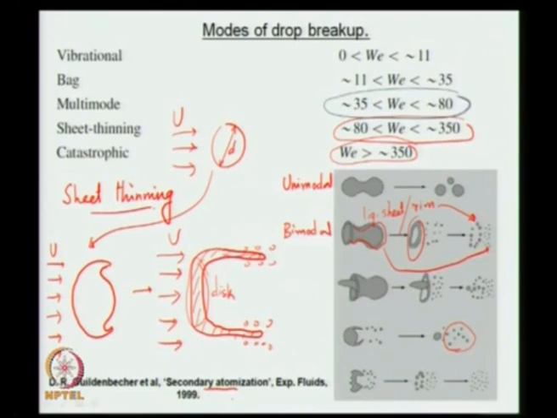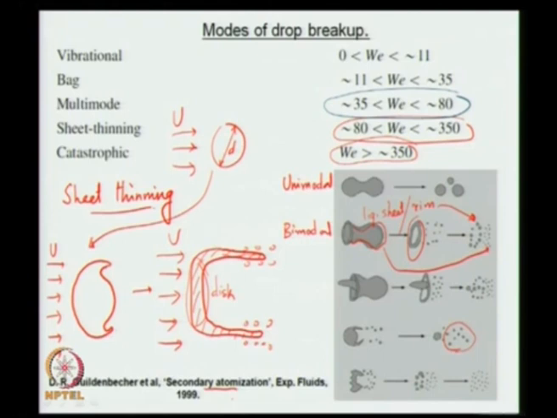Now, this middle region that we skipped as we went forward is called a multi-mode breakup regime, which is where you have a transition from the middle part being stretched, being pushed, like we said, in the bag breakup, to the sides being stretched into a thin sheet.